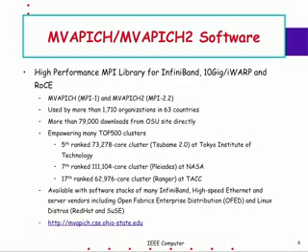And these MPI libraries are also available with the software stacks of many InfiniBand, high-speed Ethernet, and server vendors, including the widely used OpenFabrics Enterprise Distribution, called OFED, and also Linux distros like Red Hat and SUSE. And the web page is given here. If you are interested to know more about this project, you are welcome to visit this link.